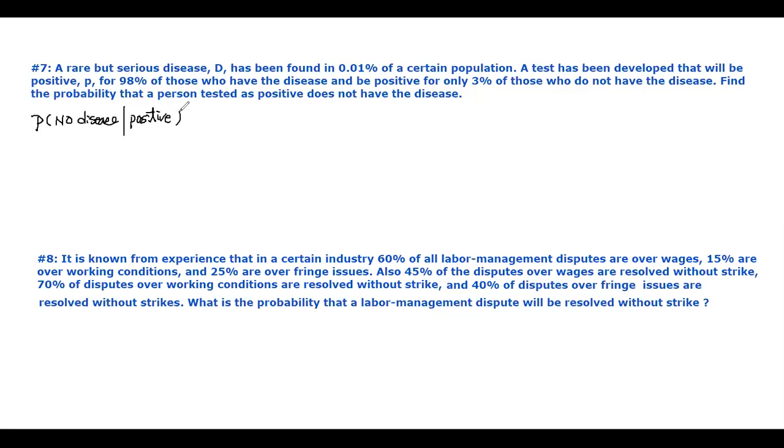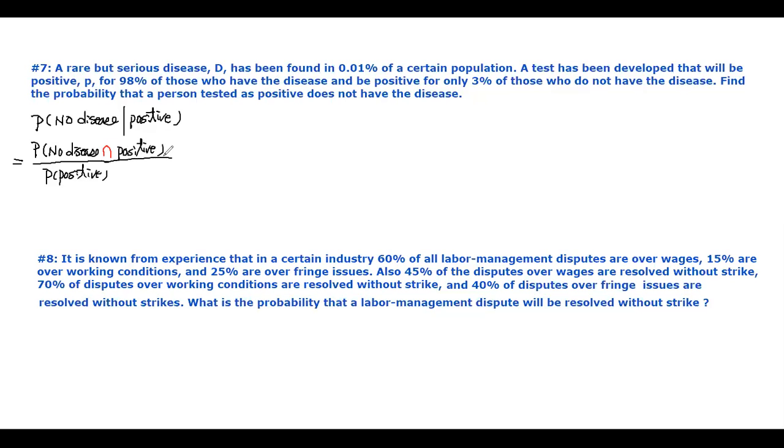That's what this statement is: the probability a person tests positive but does not have the disease. All right, so now I can use my conditional probability. This is the positive. Now what is the top we talked about before? It is A and B, so that means no disease, and what is the 'and'? Intersect, right? And positive.